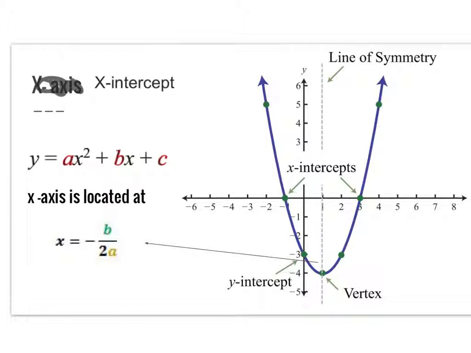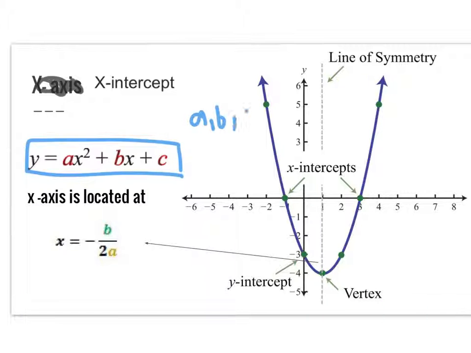So we have our standard form over here, y equals ax squared plus bx plus c once again. And just remember, a, b, c could be any number. There's a very special characteristic about a parabola: because it's U-shaped, it could be cut in half right here, and we call that the line of symmetry.